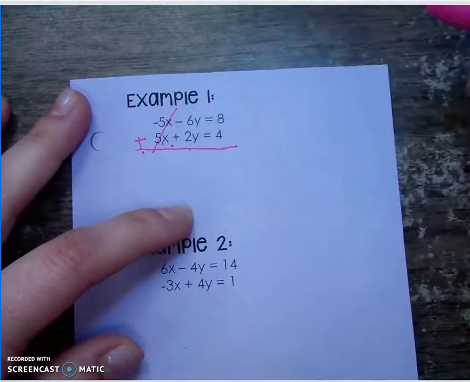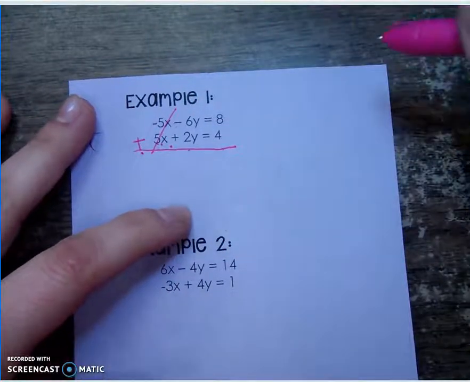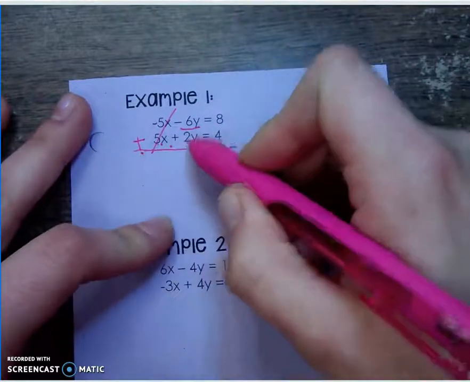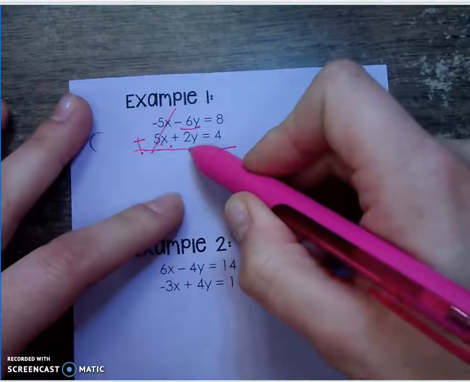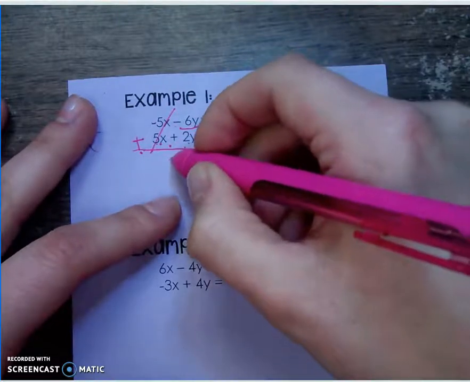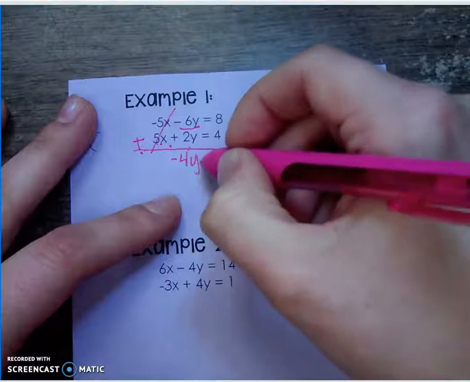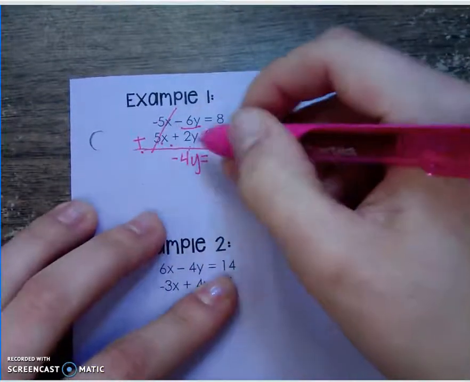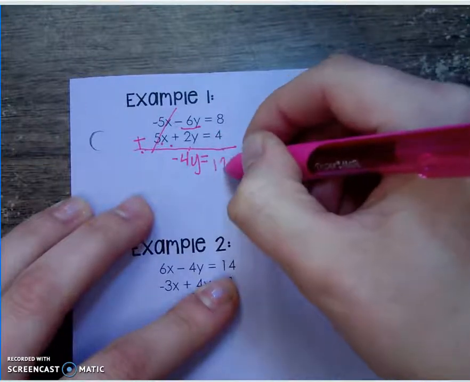It's 0, you can write 0, you don't have to. And then we're going to do the negative 6y plus a positive 2y. Negative 6 plus 2 is negative 4y, and it's going to equal 8 plus 4, which is 12.